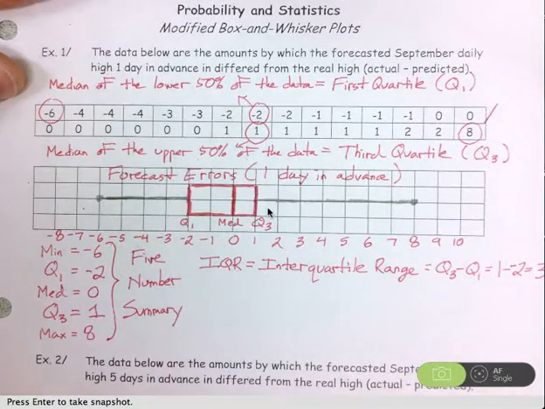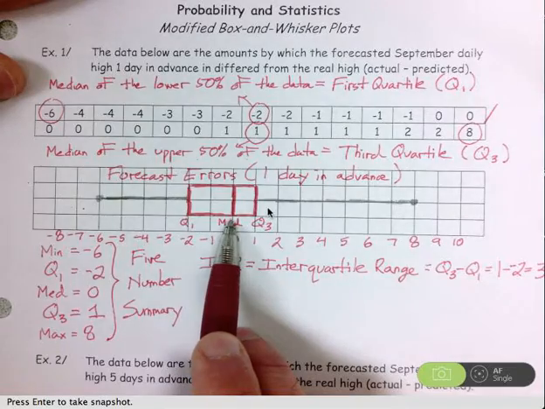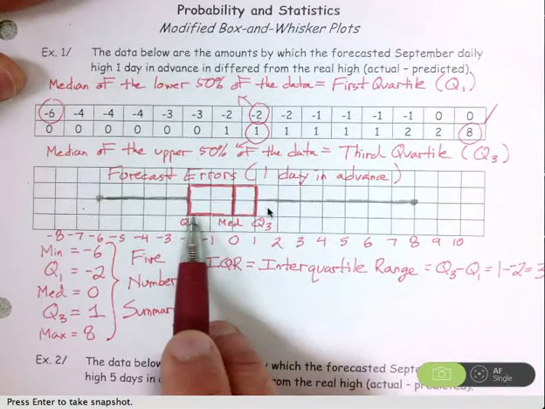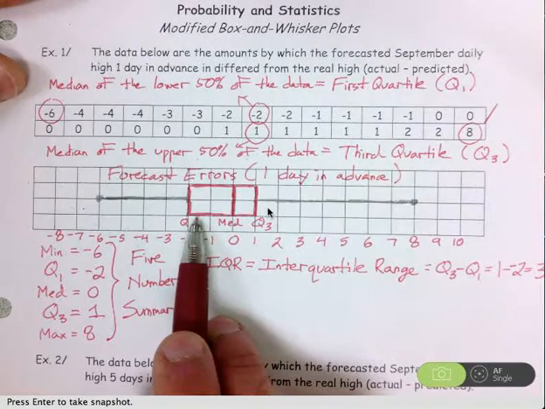Beforehand we had a measure of center that was the mean, and we used the standard deviation to describe the variability around that mean. They're not quite the same thing, but what I want you to see is that the median is a measure of center, just like the mean is, and the interquartile range is a measure of spread, just like the standard deviation is.